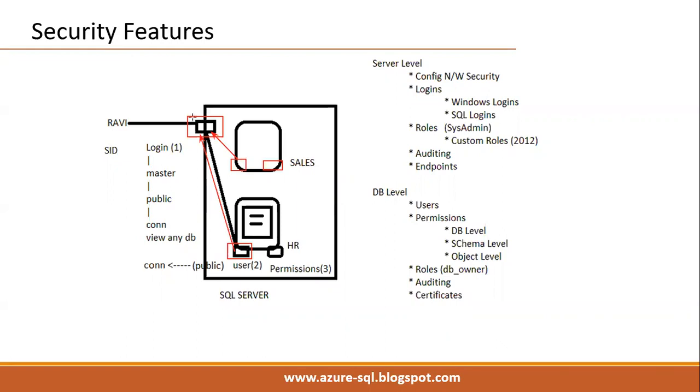Say in the same server we have 5 databases and I want to allow him to work with all 5. In that scenario, first we create one login, then in each DB we create a user mapping to that login. Clear, right? One login is required, and in each database, user, permissions.